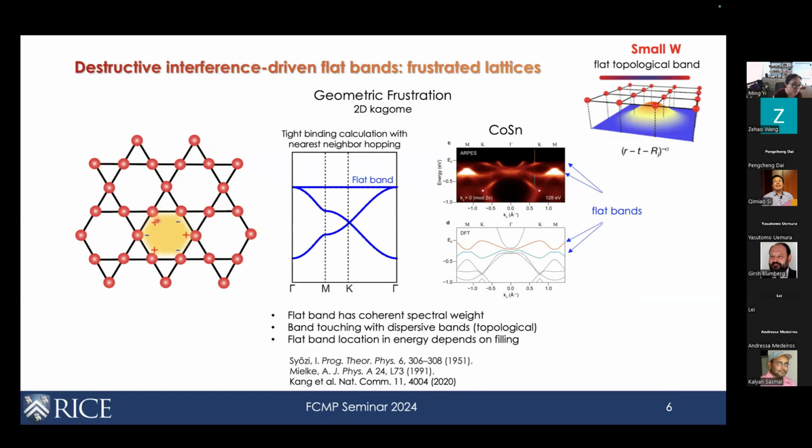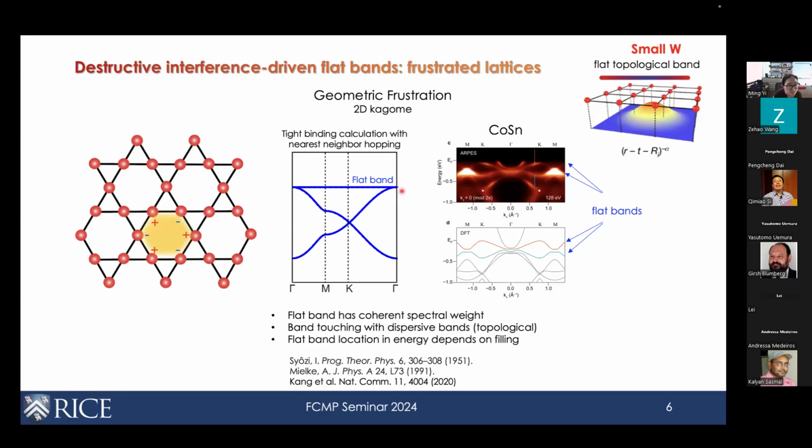So there's a plus and minus in this destructive interference such that there's no hopping allowed outside of these hexagons. So in momentum space, what this means is that this compact localized state becomes this flat dispersion with 0 bandwidth. And this is, of course, idealized in this tight binding calculation with nearest neighbor hopping.